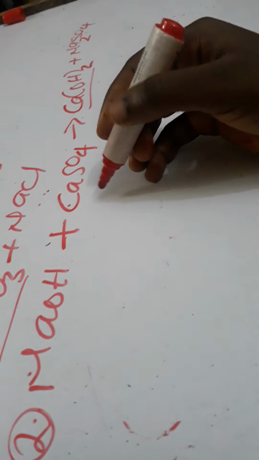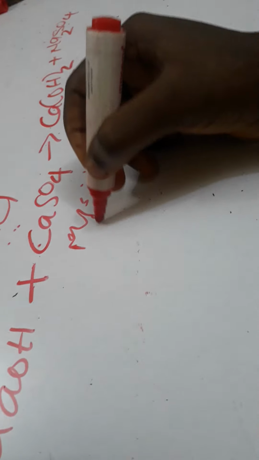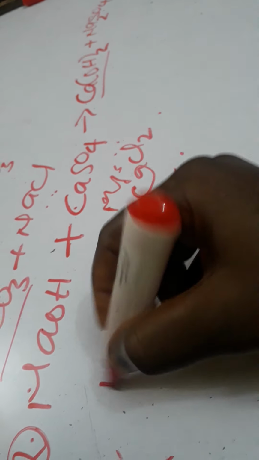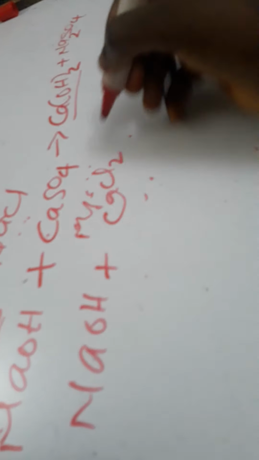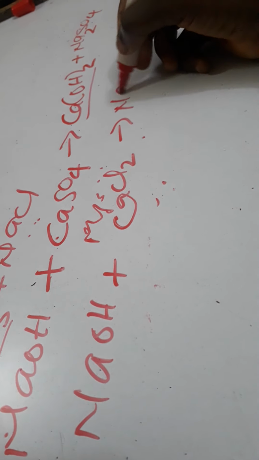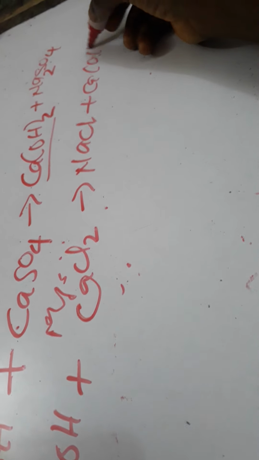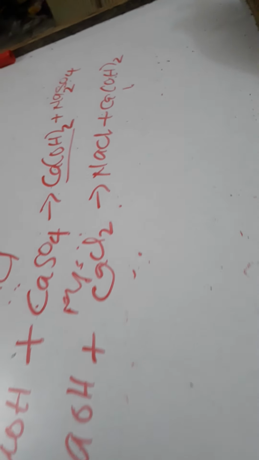The same thing occurs when you use magnesium sulfate. Then the third method, the same also occurs when you use calcium chloride or magnesium chloride with sodium hydroxide. You will end up getting sodium chloride and calcium hydroxide. The calcium hydroxide is removed because it is not soluble, a whitish substance.